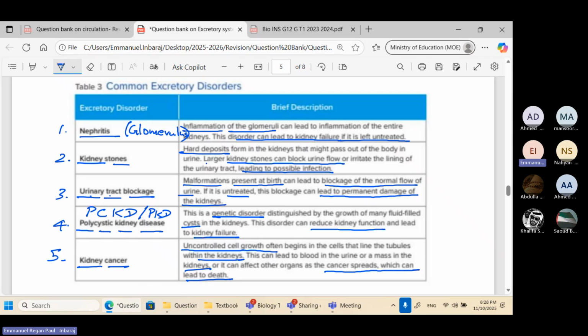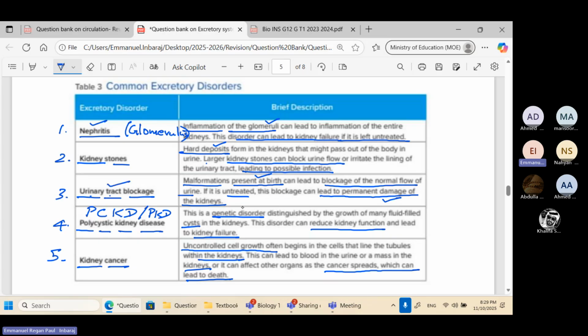These are the different types of excretory disorders, and this is what they do, a brief description of each. So if it is related to the glomerulus, then nephritis. If it is related to deposits, kidney stones. If they say present at birth and a permanent damage to the kidney, then remember it is urinary tract blockage.